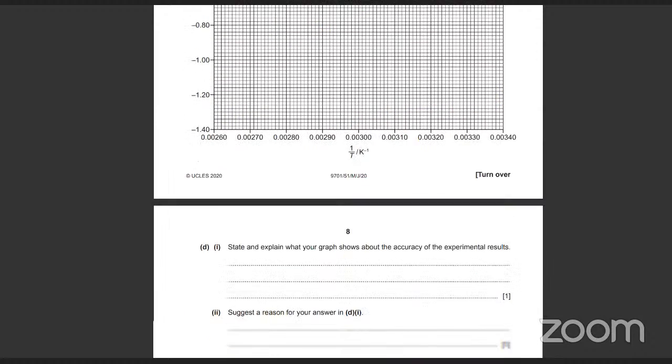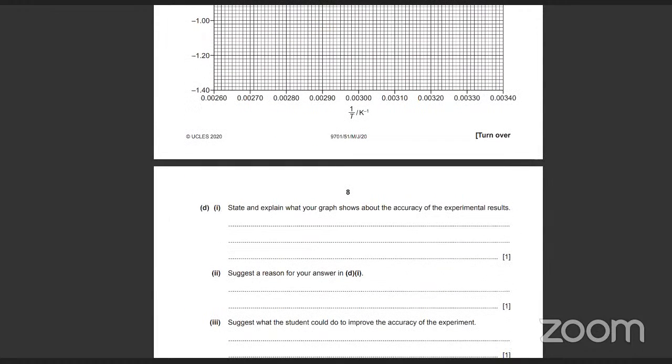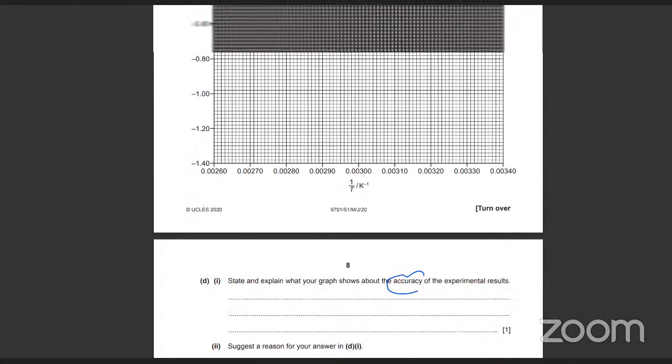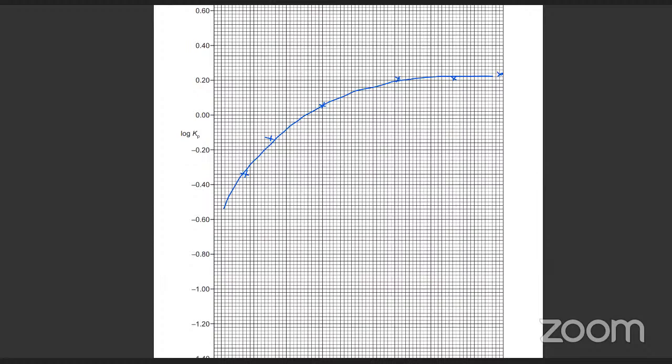Now on the graph, state and explain what your graph shows about the accuracy of the experimental results. He's talking about how you would know from the graph whether your results are accurate or not. Let's say this one.